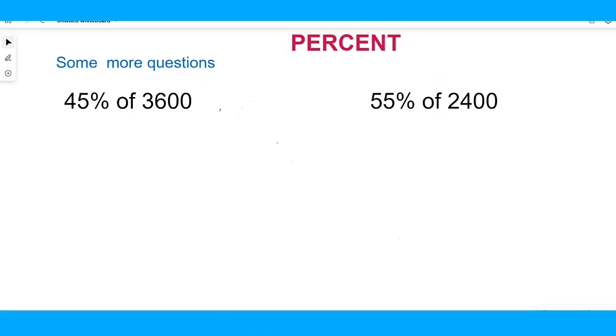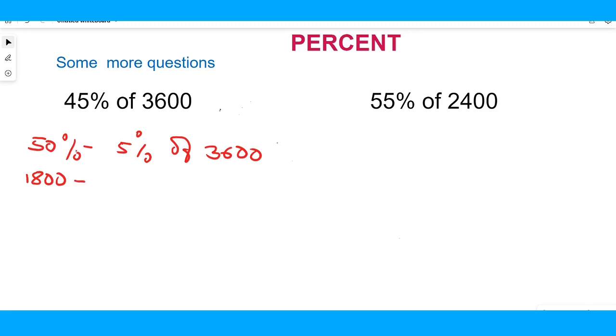Now we solve few more questions. 45% of 3600. Now how to calculate such type of question? If we convert 45% as 50% minus 5%, then this becomes very easy. So first we calculate 50% of 3600. 50% of 3600 is 1800 and 5% of 3600 is 1/10 of 50%.